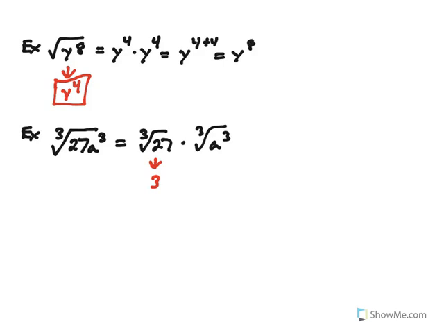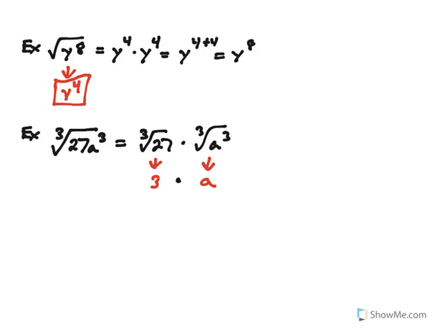And you look at this one, okay, a to the third power is also a perfect cube, whose cube root is a. Because a times a times a, if you add the exponents of 1, you get a cubed.